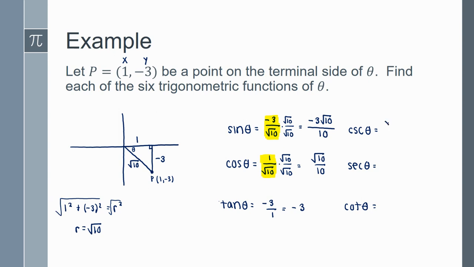So that means that cosecant is going to be the square root of 10 over -3. Cosine, so then secant is going to be the square root of 10 over 1, which you could then just call the square root of 10 if you want. And then -3 over 1, I would flip that around, and that becomes 1 over -3. So there are all 6 of my trig functions.